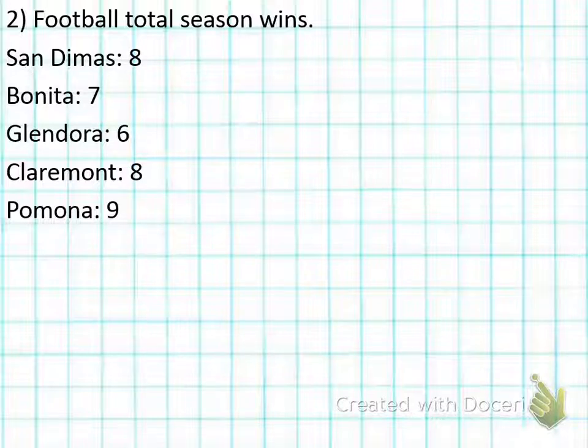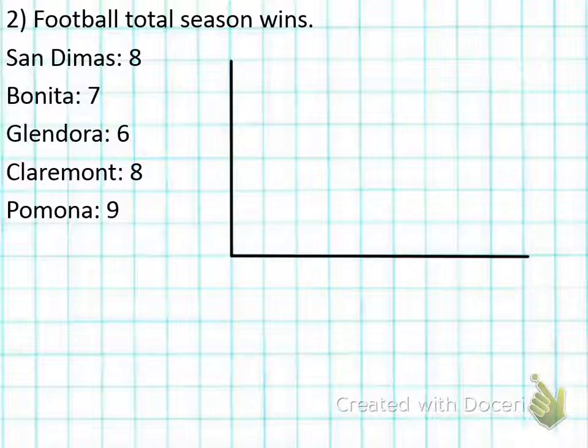So they're all kind of close, but first thing again, we have to figure out the item being compared. The item being compared is the number of wins. Second thing, identify all the populations and write them on the x-axis. So why don't you do this along with me since we already solved the first one. I'm going to draw an x-axis, and we're going to write these down. San Dimas, I'm going to put SD.